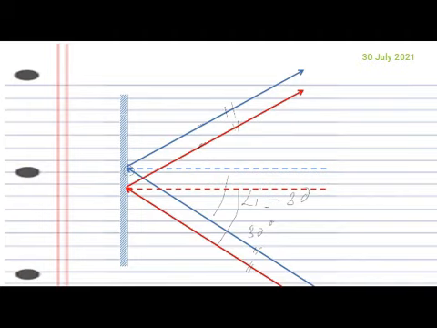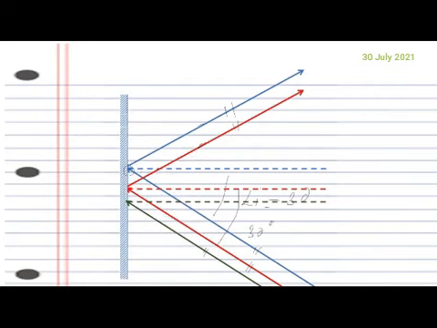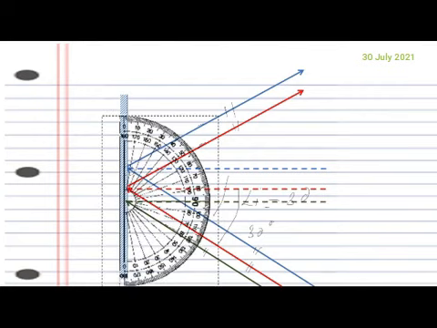Now suppose I take a third light ray, again which is parallel to the previous two light rays. Now again if you follow the same procedure and draw the normal and then find out the angle of incidence, in this case the angle of incidence from here to here is 30 degree again. So the angle of reflection also will be somewhere here.